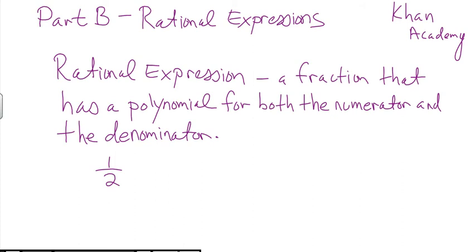But you could have 10 over x minus 7. 10, also a polynomial, right? Even though it doesn't have an x value with it, right? It's a constant term, right? It's a polynomial of degree 0. This is one of degree 1. Okay, let me throw a comma in there.